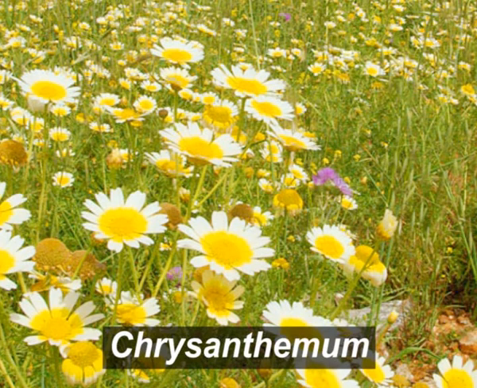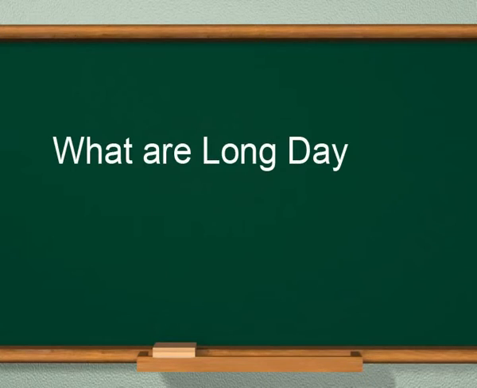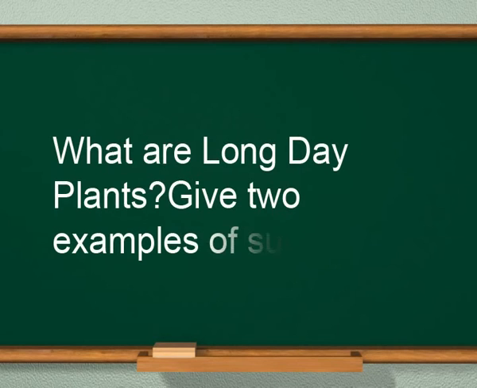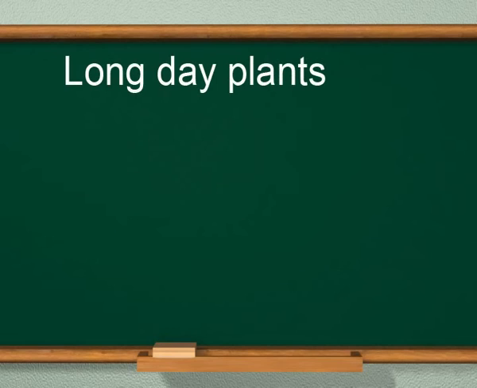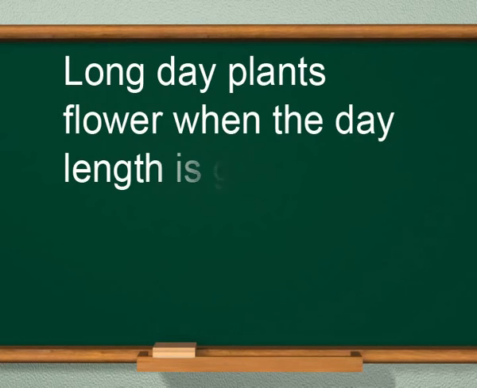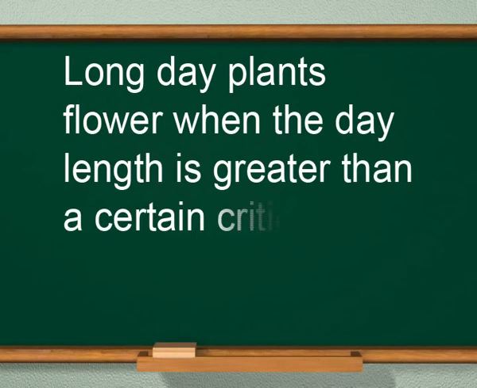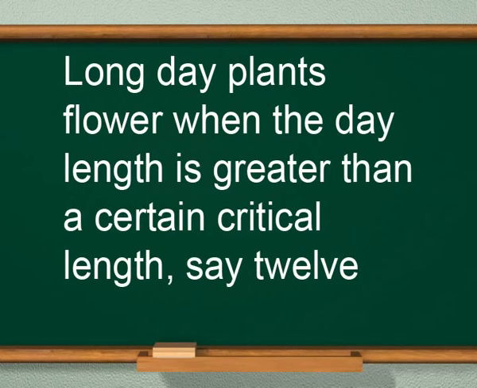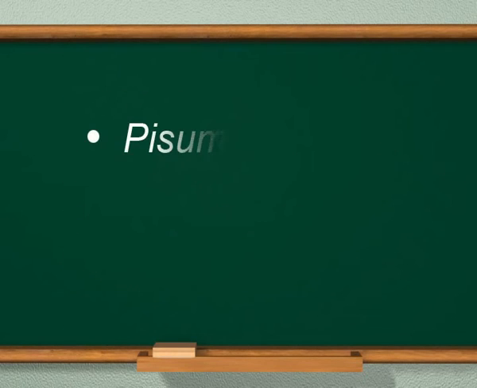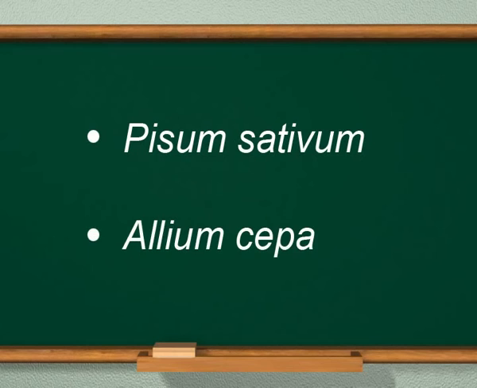My next question is, what are long day plants? Give 2 examples of such plants. The answer is, long day plants flower when the day length is greater than a certain critical length, say 12 hours. The examples are Pisum sativum and Allium cepa.